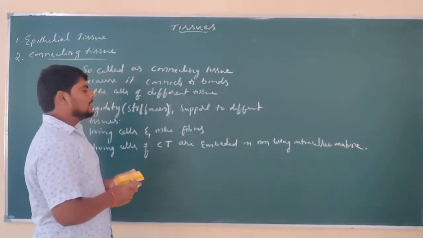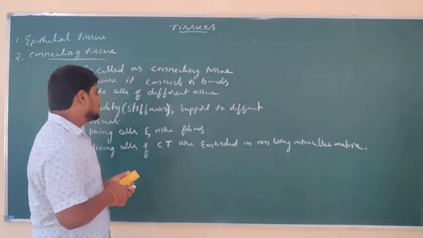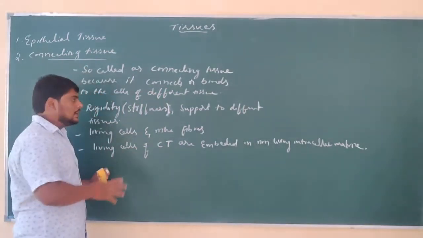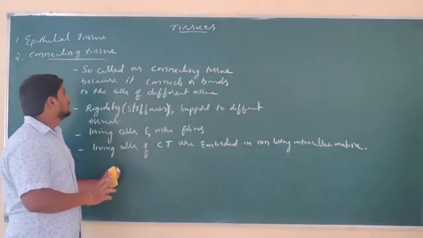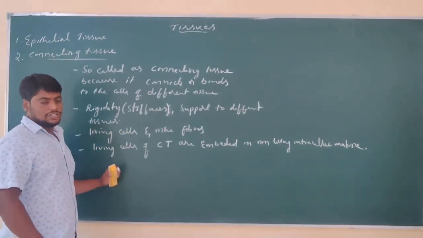In the matrix, the cells are arranged. Understand? These are some important features of a connecting tissue.